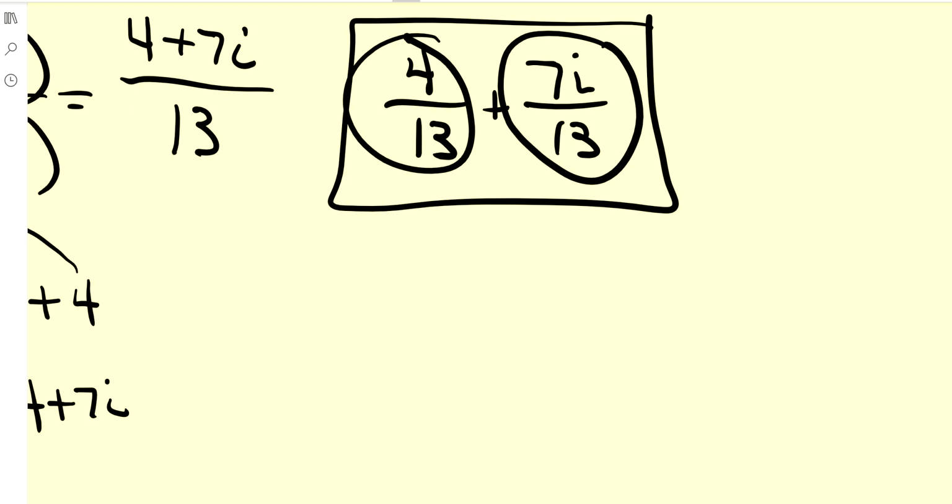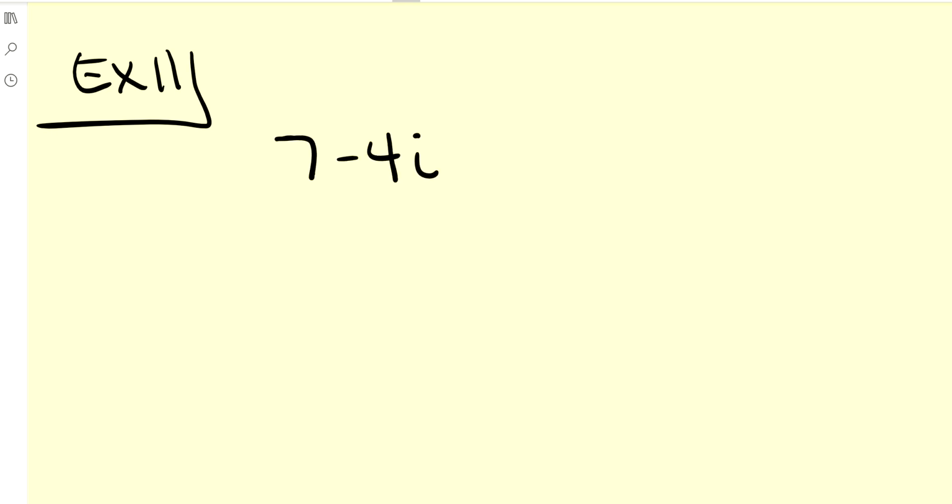Okay, we got one more here. Example 11, slightly different. This one is 7 minus 4i divided over i.